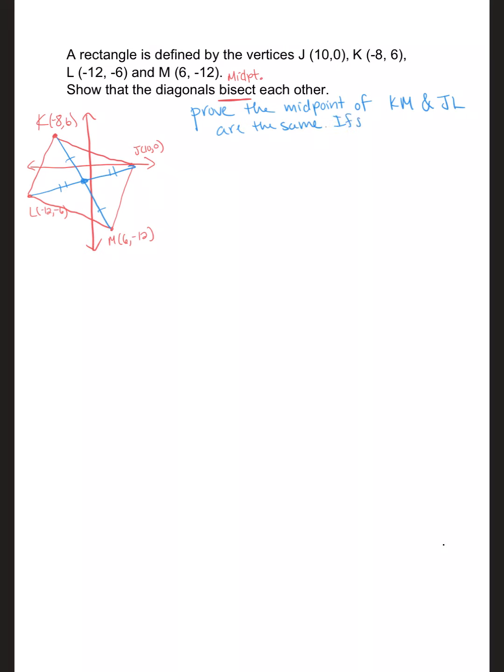If so, this will also be the point of intersection, or where they cross. So we're going to basically find the midpoint for each of those diagonals and then compare them to each other. So let's go ahead and start by finding the midpoint of KM.